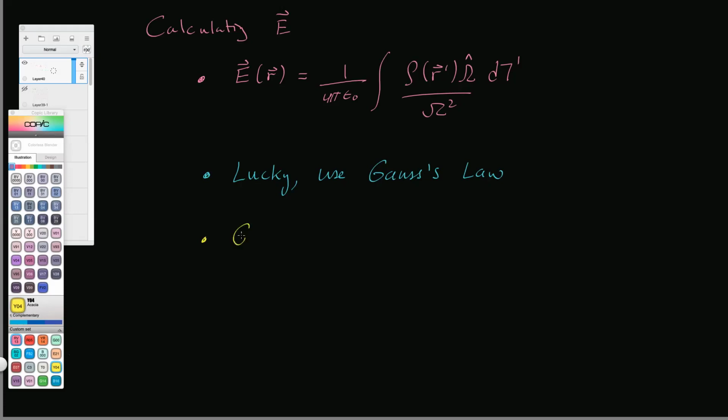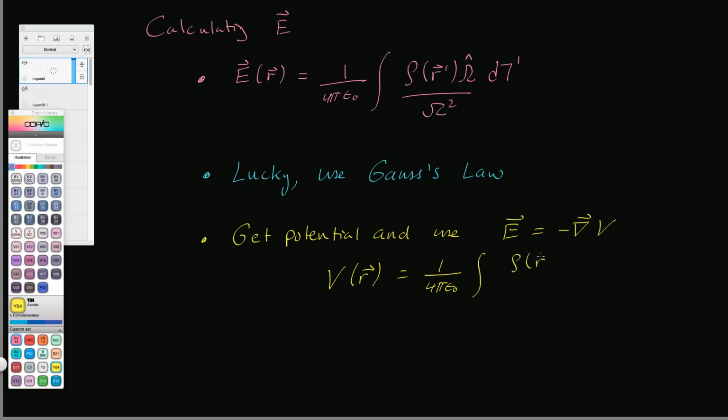So we could get the potential and use E equals minus del V, where V can be written in terms of this integral. The integral is slightly easier just because it's not a vector integral, so there's no omega hat, but this still can be terrible. It's the charge density d tau prime over just omega, so it's not much better than the other one.